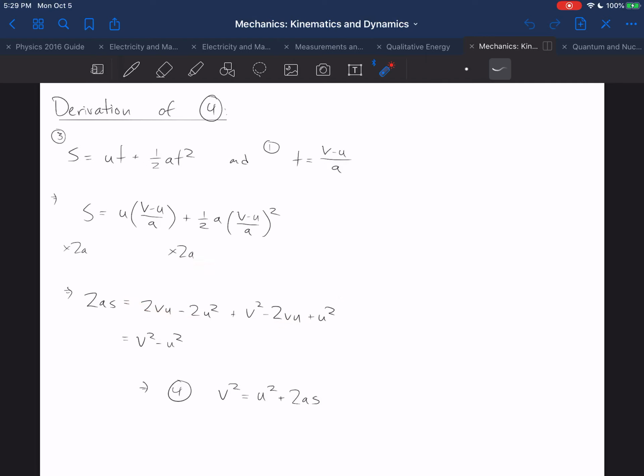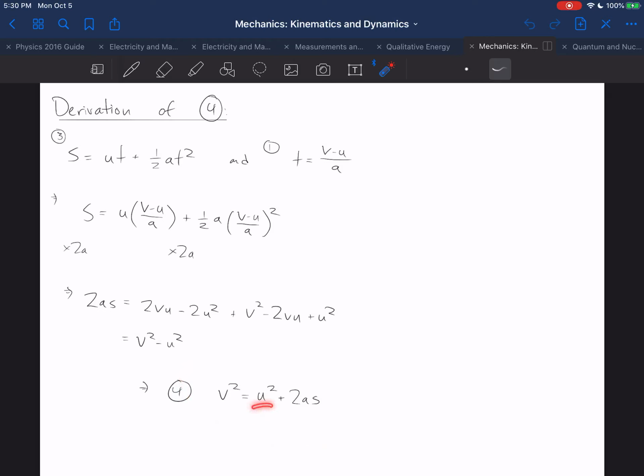In particular, if I have a 2vu term over here and a minus 2vu term over here, then those two cancel. What I'm left with is v squared plus u squared minus 2u squared, otherwise known as v squared minus u squared.